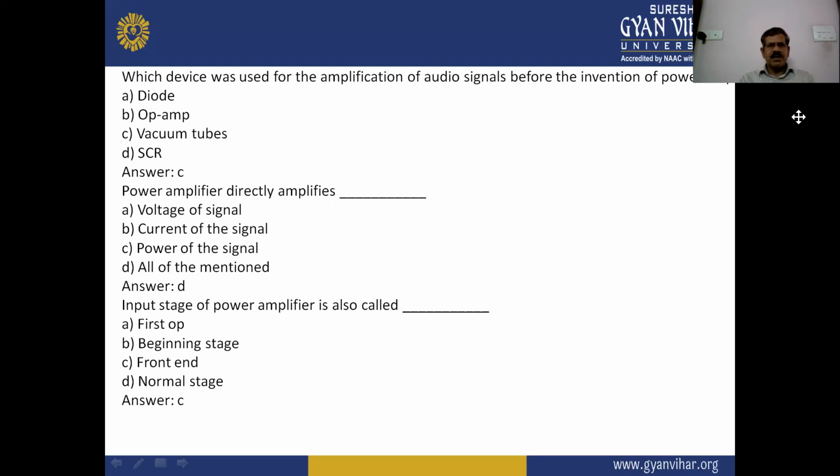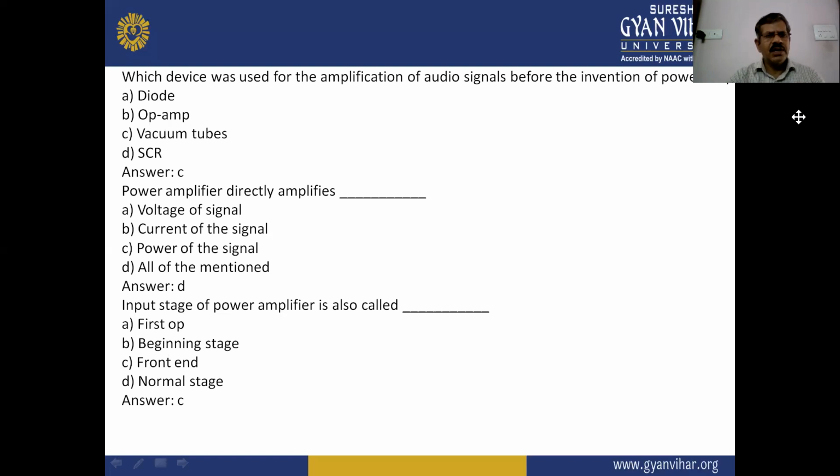Basically, amplification means increasing the strength of any signal from a low level to a high level.